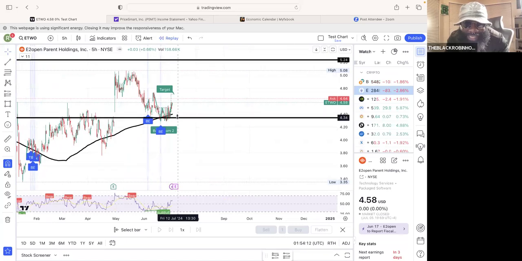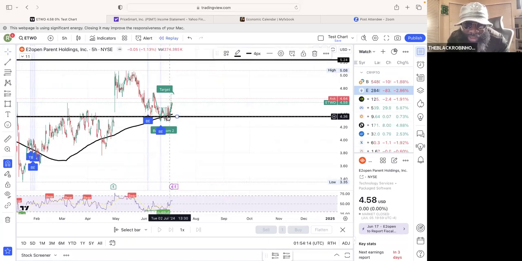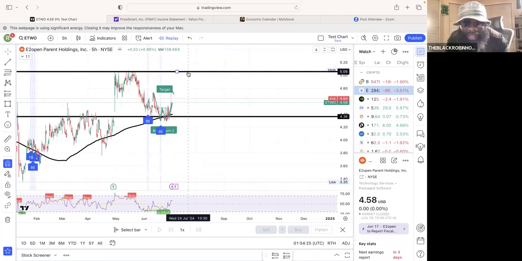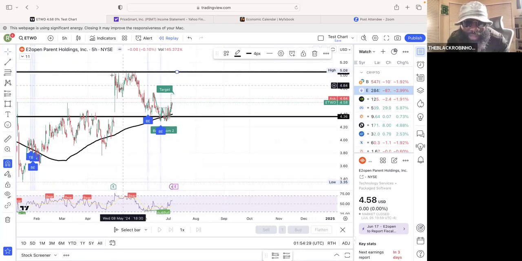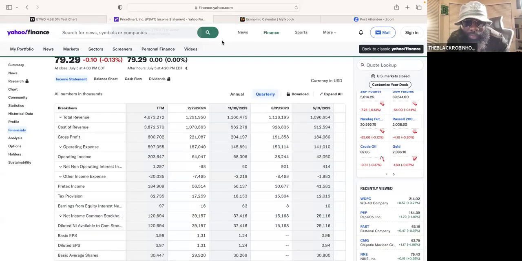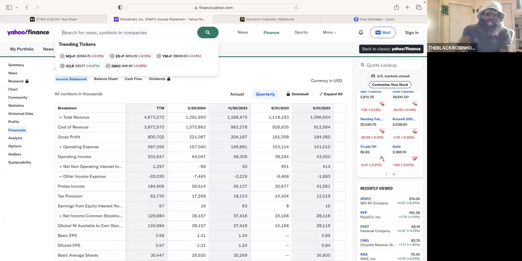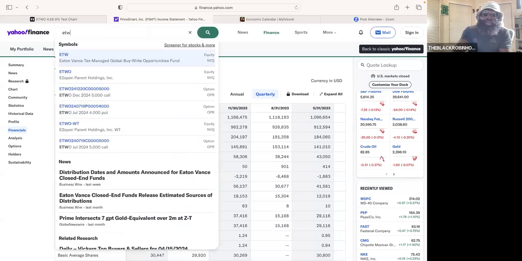See, I would have loved to get in here when it touched the 200-day moving average, like 440, which is, it's not too gone yet. So if it goes up, we're probably gonna target like right here, like 505-ish, right? So let's look at their financials, ETWO.